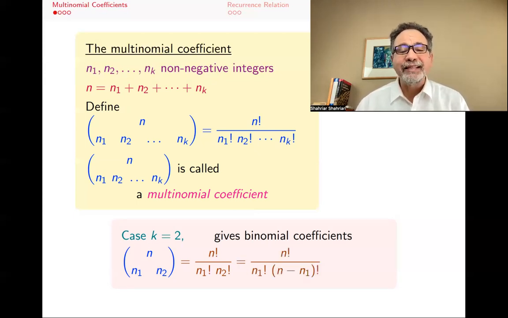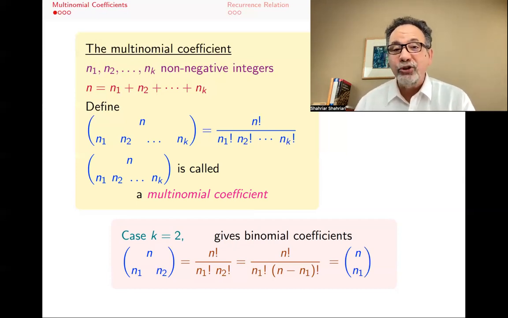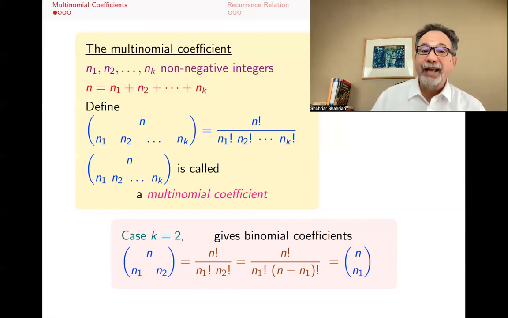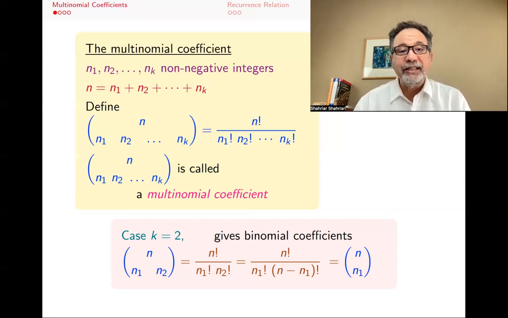So you can write that as n factorial divided by n1 factorial times n minus n1 factorial, and that's the same as n choose n1, or n choose n minus n1, which is the same as n choose n2. So n choose n1, which any combinatorics student has seen quite often, is the case k equals 2 of the multinomial coefficients. Multinomial coefficients are a more general object and one that we would like to know more about.